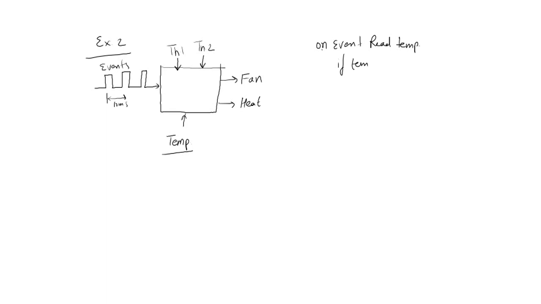Then if temperature, let's say capital T I am using here, so use capital T. If temperature is greater than threshold 1, then you start fan. Or if temperature is less than threshold 2, then you start heat.